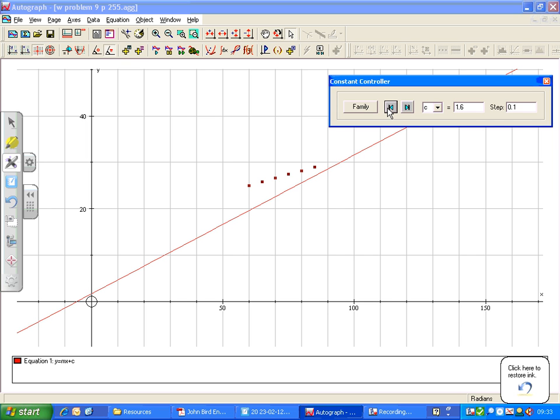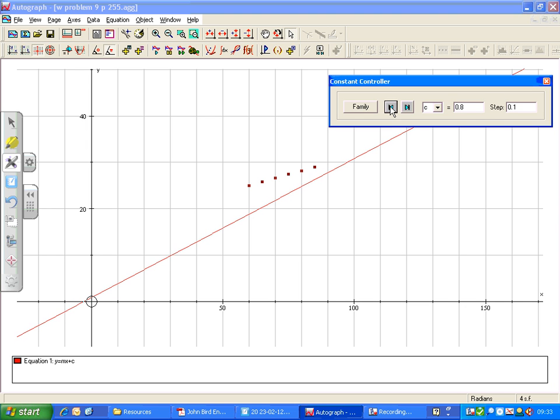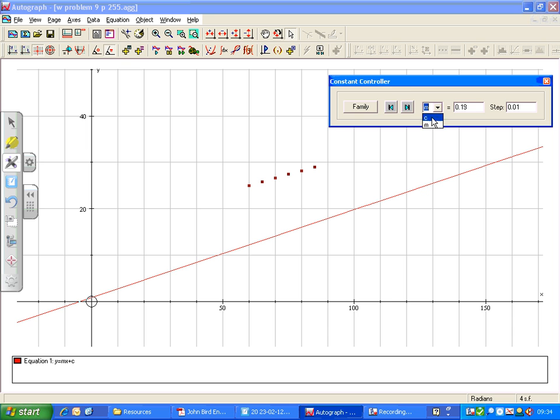So the job is to play around with m and c until we get this straight line to go through the points. So I would suggest if we're going to do that, the first thing to do is try and get the line parallel with those points by changing the value of m. Oops. I can change the step size so it's not changing at such a large rate, 0.01. That looks reasonably parallel now, would you say? And then I change the value of c, where it cuts the y-axis.